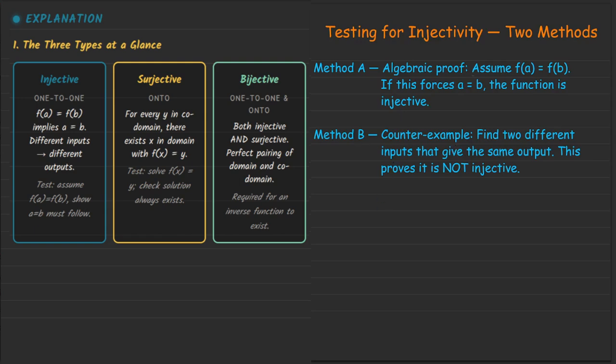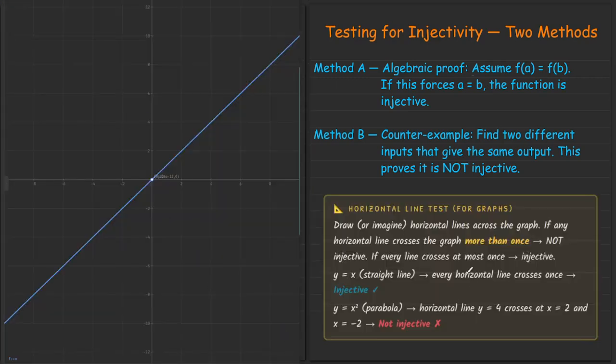But then there's a cheat you can use as well. That is if you are willing to graph out your function. So with this one that has to do with graph, you first of all need to graph out your what? Your function. And we call it the horizontal line test.